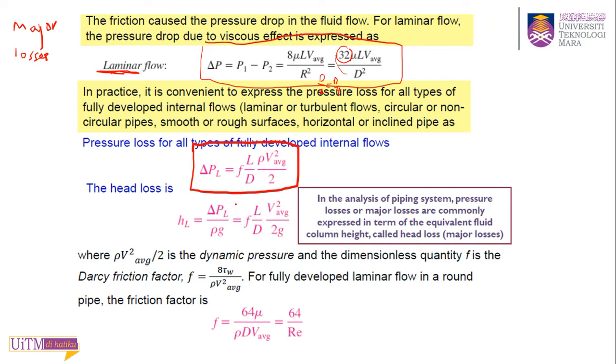So delta P_L, the pressure loss, equals f, the friction factor, which we will look at later, times L, the length of the pipe, over D, the diameter.